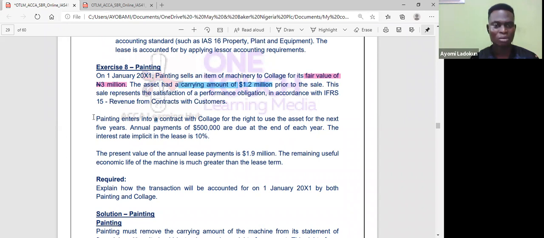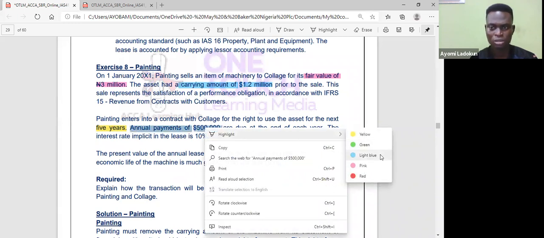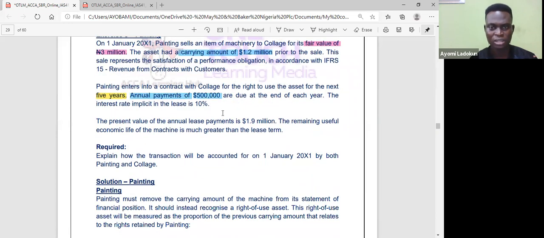Now, Painting enters into a contract with Cottage for the right of use asset for the next 5 years. The annual payment is 500,000, due at the end of each year. I'm also interested in this: the interest rate implicit is 10%.